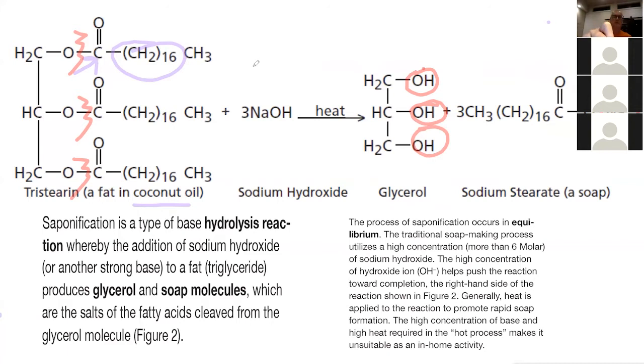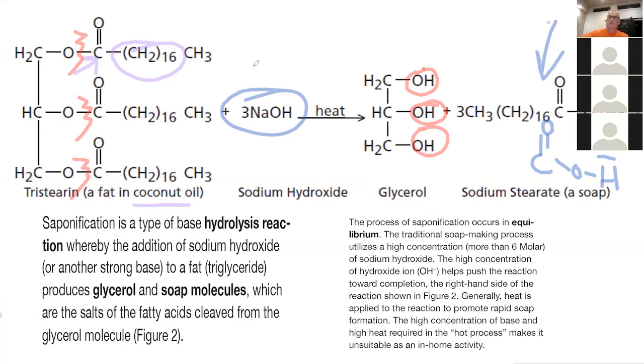Specifically, this one. What is it about the presence of sodium hydroxide that leads us to make the conjugate base of the fatty acid and not the fatty acid itself? How come we don't get this group on the end? That's missing, and we're left with a negative charge.